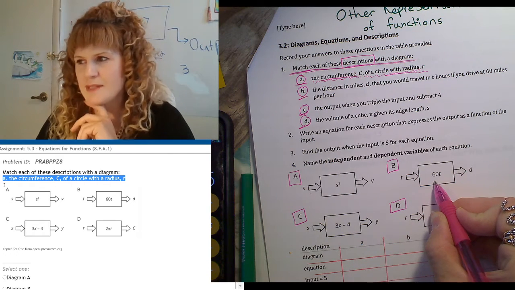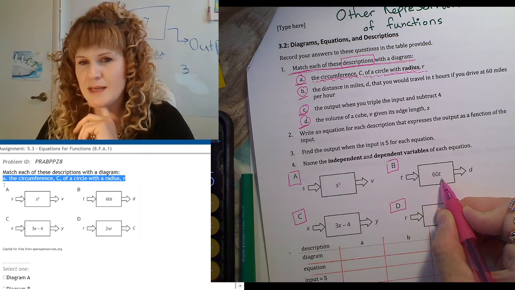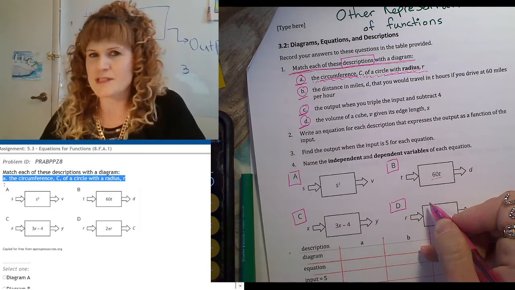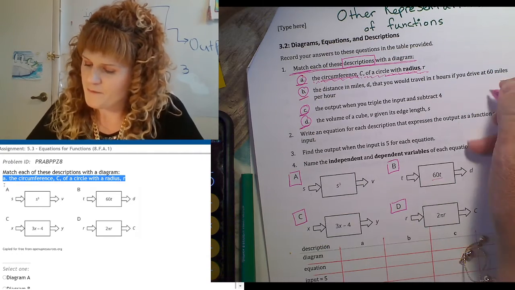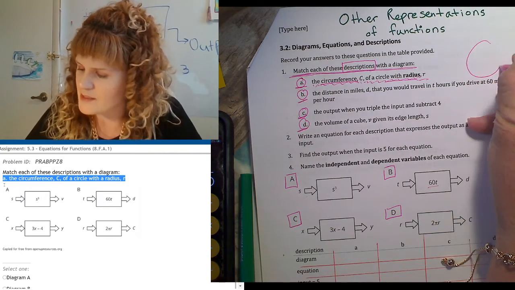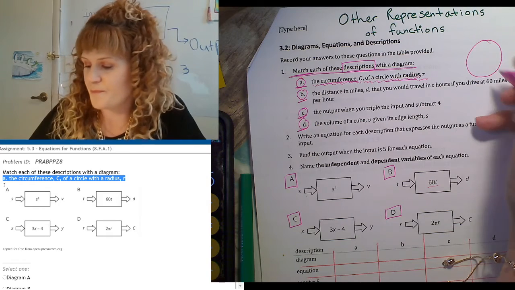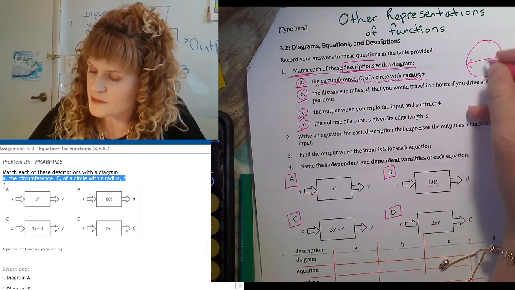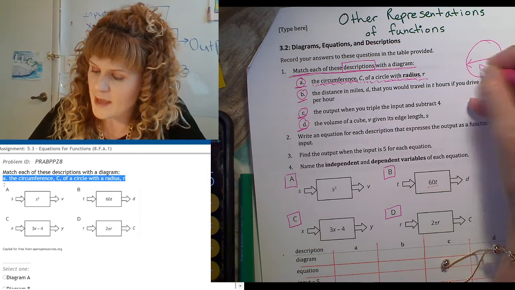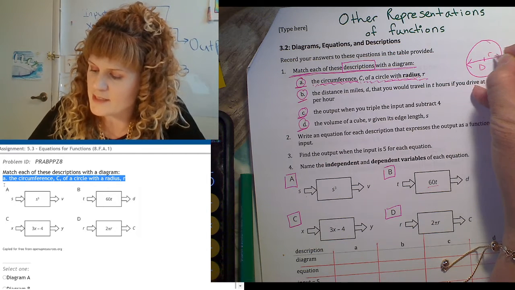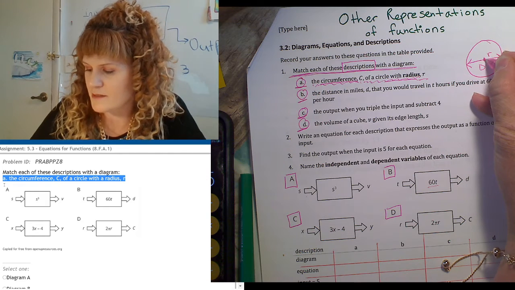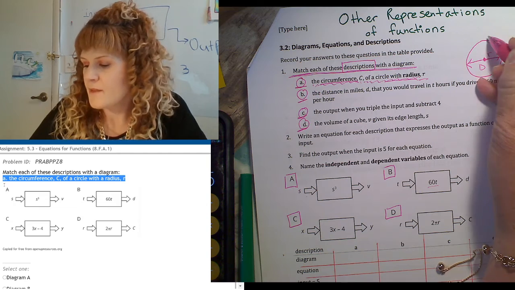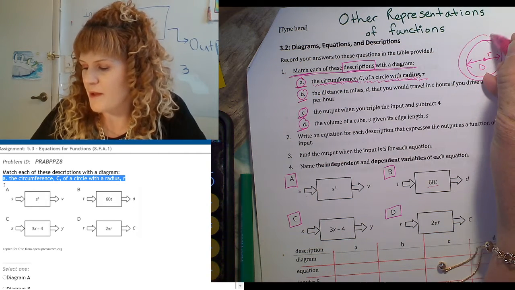And this diagram says 60 times the input, but that's not how we find the circumference of a circle. Circumference of a circle is the distance around the circle. The distance across the middle of the circle is the diameter, and half of that distance is called the radius. So I'm going to draw the radius here. The circumference is the length around the circle.